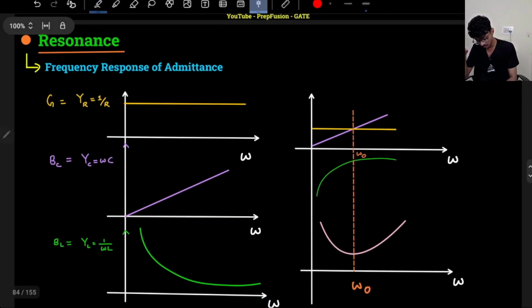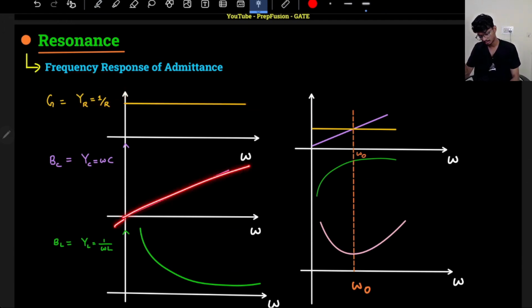So basically the conductance is constant. It is 1 by R. It does not depend on frequency. The capacitive susceptance is linear because it is omega C, and the inductive susceptance is a hyperbola, just the reverse. So if I combine all of this, obviously it will dominate first. So that's why this is negative.